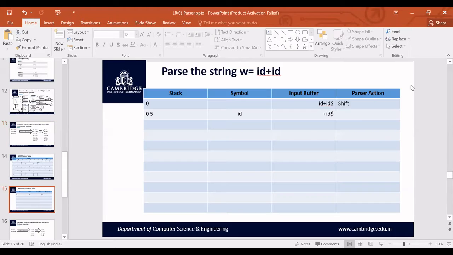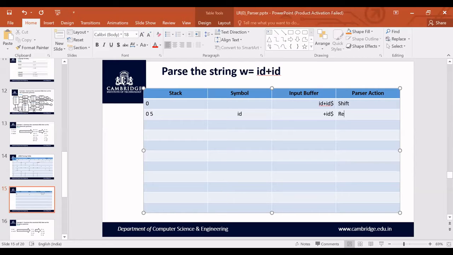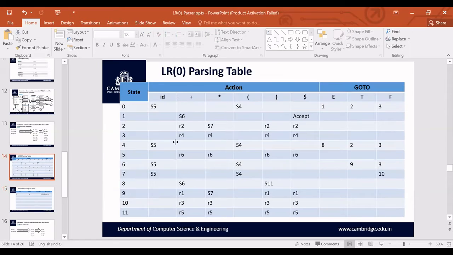In the sense, I'm going to reduce. What is the action that has to be performed? Reduce by F derives ID, because 5 on plus, if you refer to the parsing table, 5 on plus is R6.